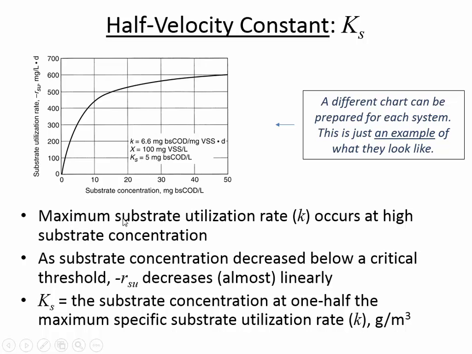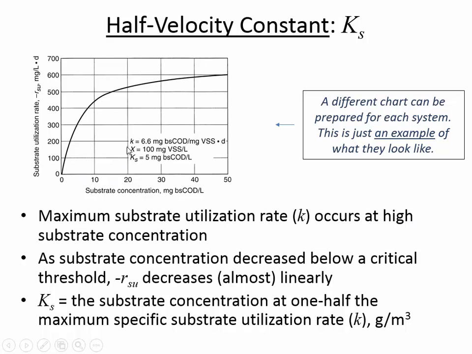So the maximum substrate utilization rate, we assign that to variable K. And you'll see that anytime you have a homework assignment or an in-class exercise, the kinetics for how the bugs behave is specified, and this chart shows how it's derived.